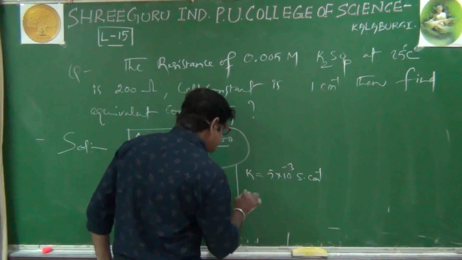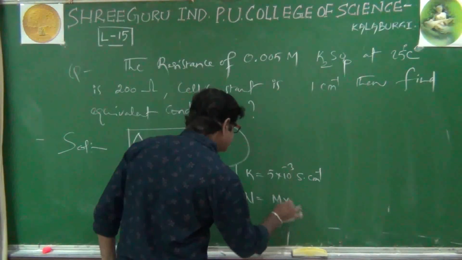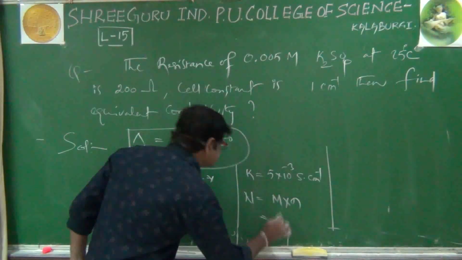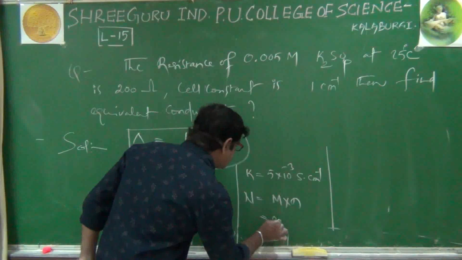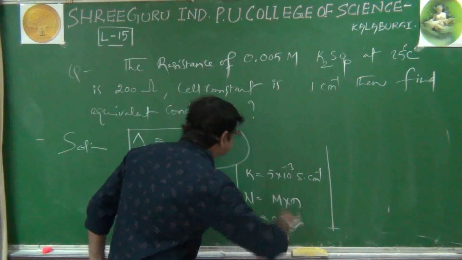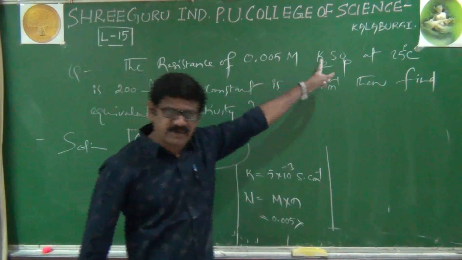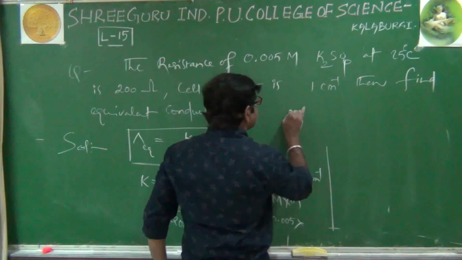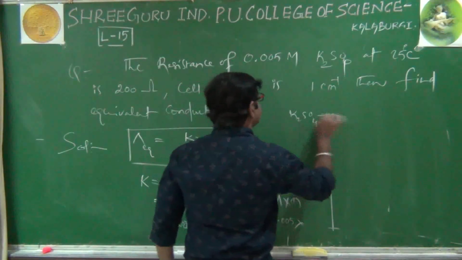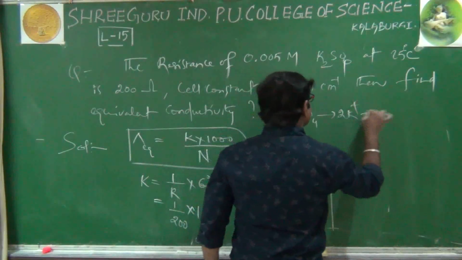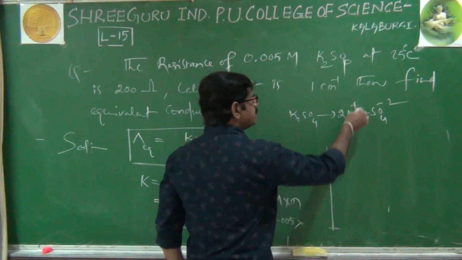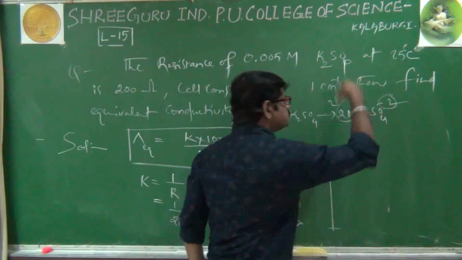Already we have the relation: normality equals molarity into valency. That is equals to molarity 0.005 into potassium sulfate, valency is 2, because it splits. K2SO4 will be splitting as 2K plus SO4 minus 2. 2 into 1 is 2, it is also 2.